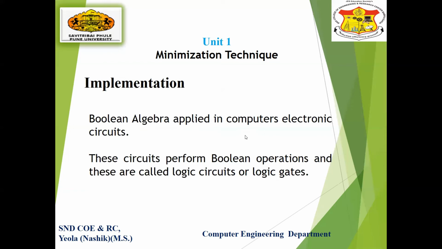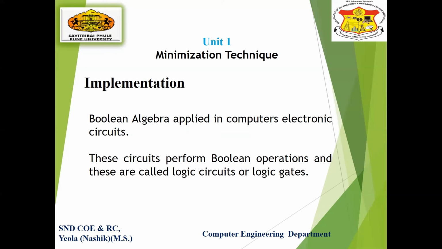But how can we implement this? Implementation is very important, because we know that we have all the theoretical concepts, all the functions, all the Boolean values, considering the different variables, that is two variable, three variable, four variable, different variables.